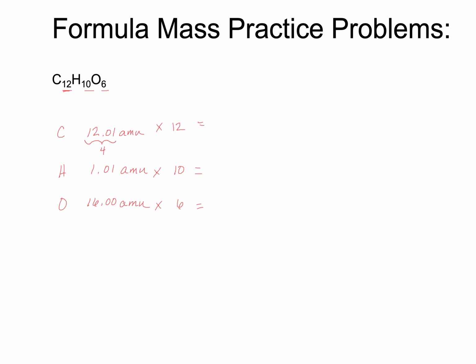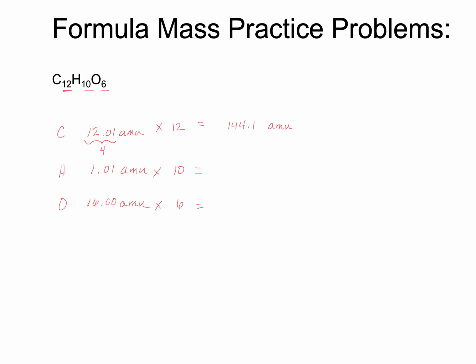There are 4 significant figures in the average AMU that we have written here. So we do have to maintain that in our total calculation for all of the carbon atom total AMU values. So for this, we're going to write 144.1 AMUs.